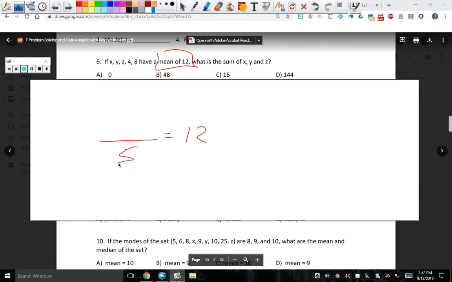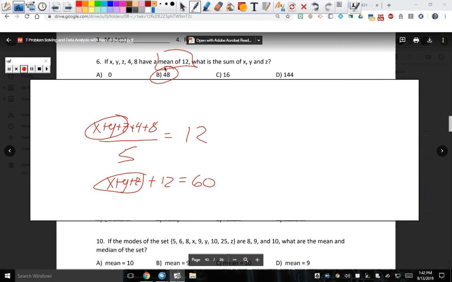So we have x plus y plus z plus 4 plus 8. What do I do next? Multiply by 5, and we get this plus 12 is 60. And this is what I'm looking for. So anyone, what's the answer here? 48. Okay? All about knowing the setup and understanding how to work with that.